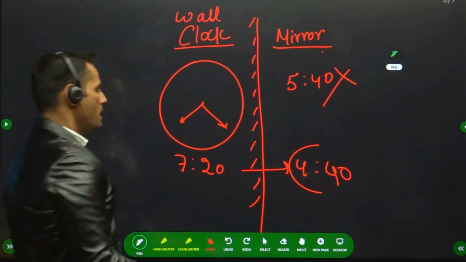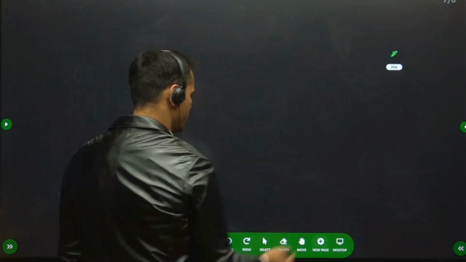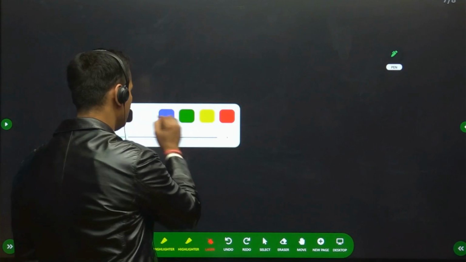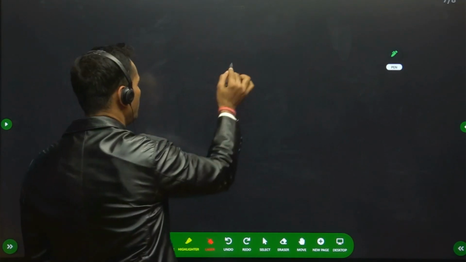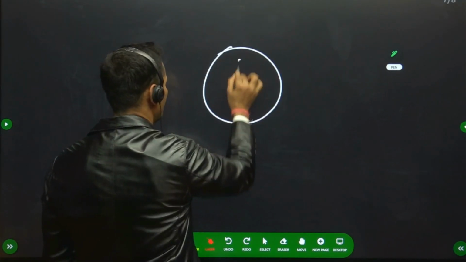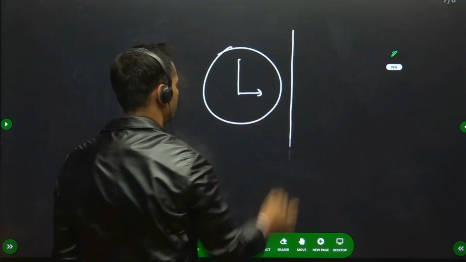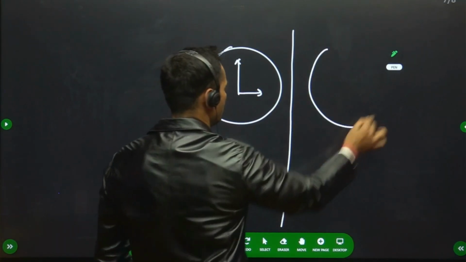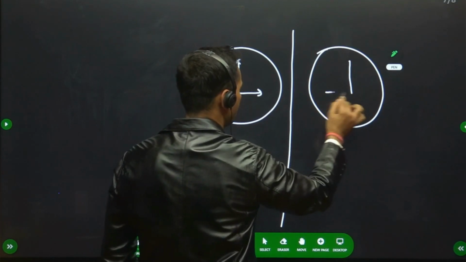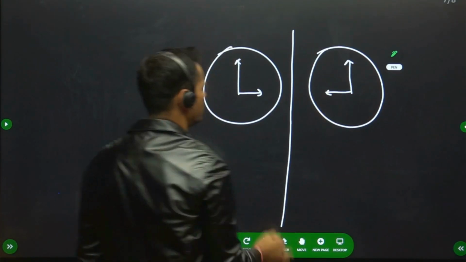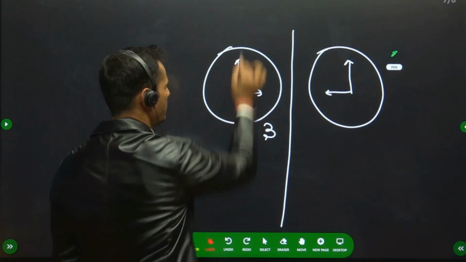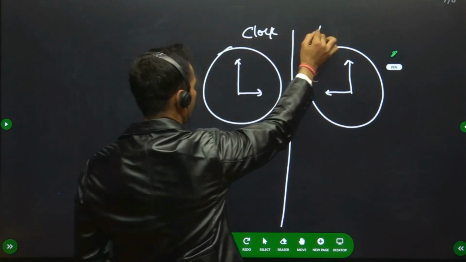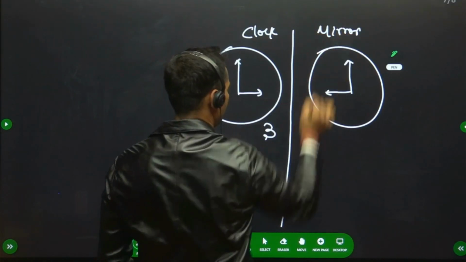How? See, let me just explain with the help of an example. If the time in the clock is 3 o'clock, this is how the clock will look. Its mirror image will show the time as 9 o'clock. So if it is 3 in the clock, then in the mirror the time will be 9.